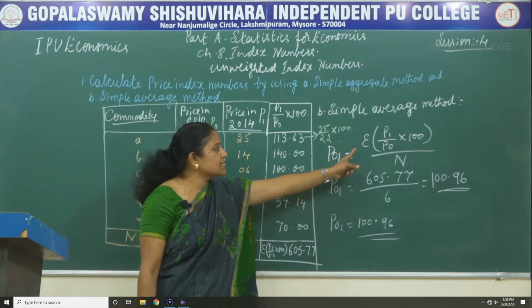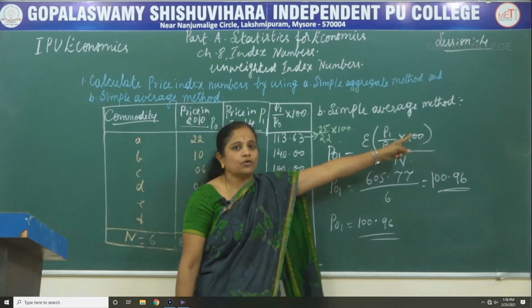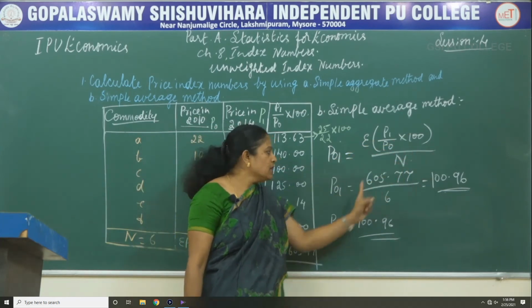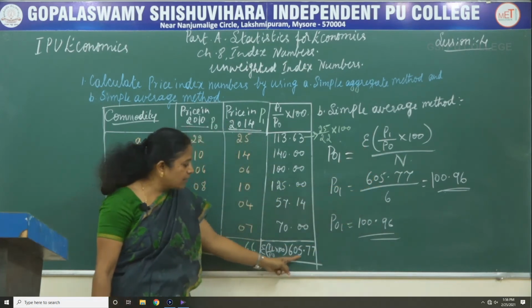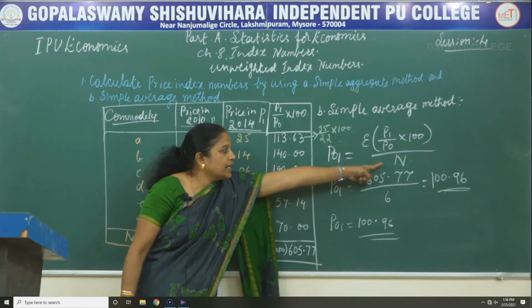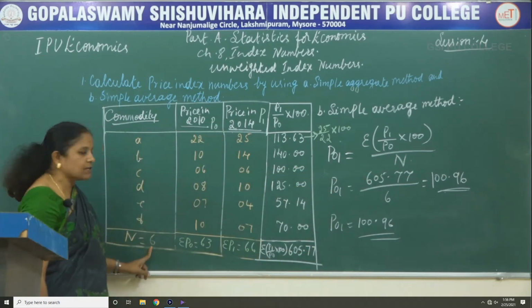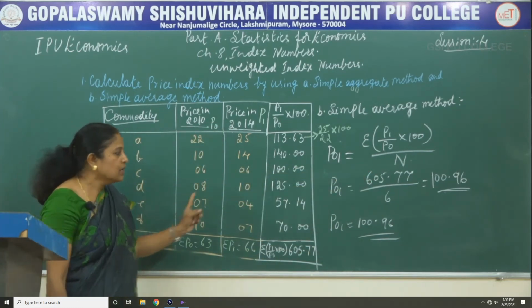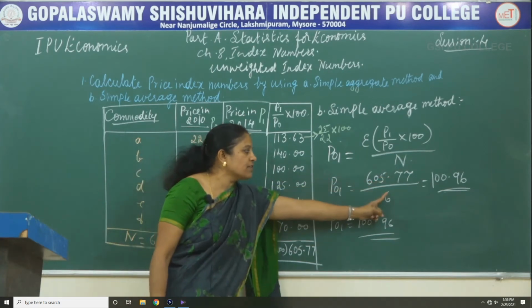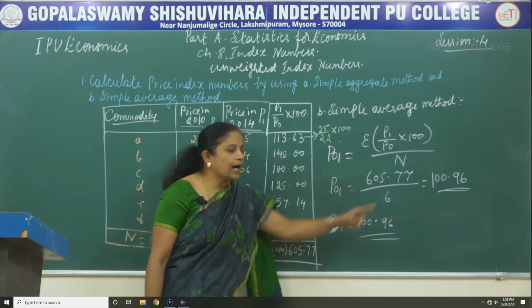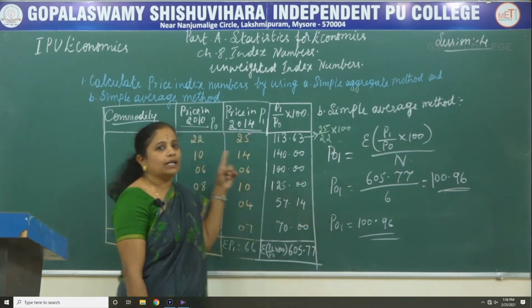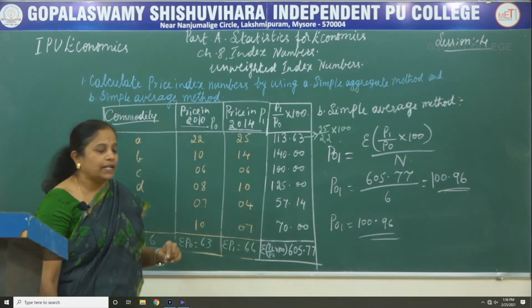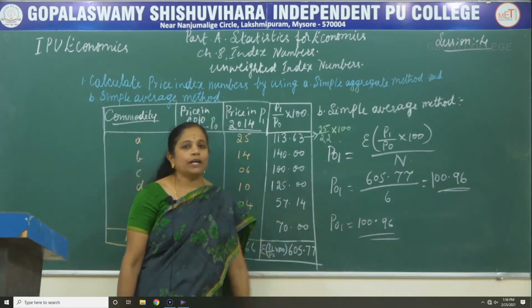So formula says that sigma P1 by P0 into 100 divided by N. So sigma P1 by P0 into 100 is 605.77, and N value is 6 because there are 6 commodities. So 605.77 divided by 6 is 100.96. So the price index number under the simple average of price relatives method is 100.96.